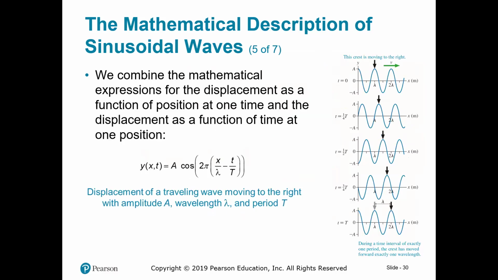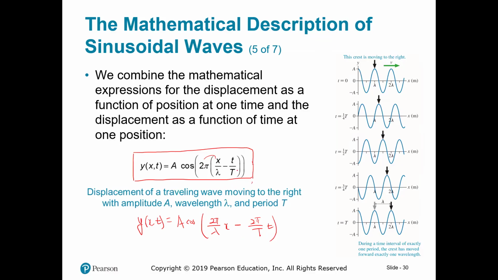Now you can combine these two this way. If I rewrite it, the function y of x and t is a cosine. If you expand it, this is 2 pi over lambda times x, that's the first term, minus 2 pi over capital T times t.